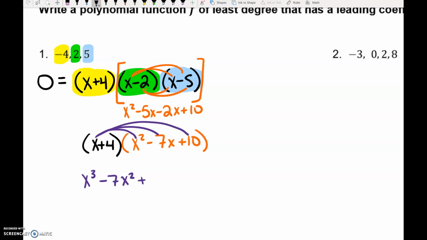X times 10 is 10x. 4 times x squared is 4x squared. 4 times -7x is -28x. And 4 times 10 is 40.